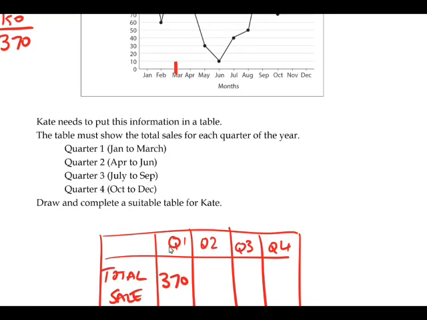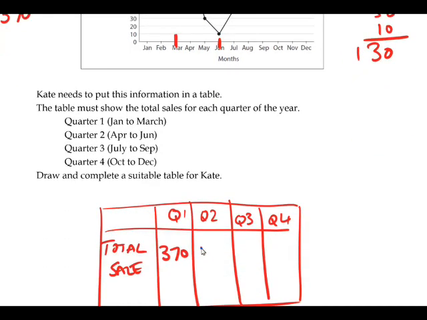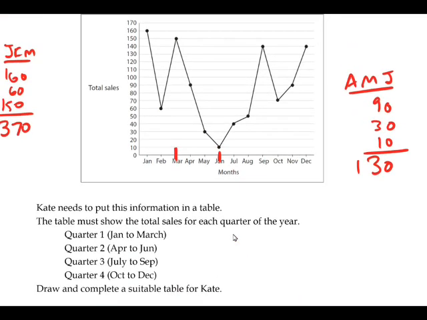Now for April, May, and June. So April, May, and June, we have April 90, May 30, and June 10. Add them together and you get 130. So on our table, quarter 2 is 130. Quarter 3 is July, August, and September.